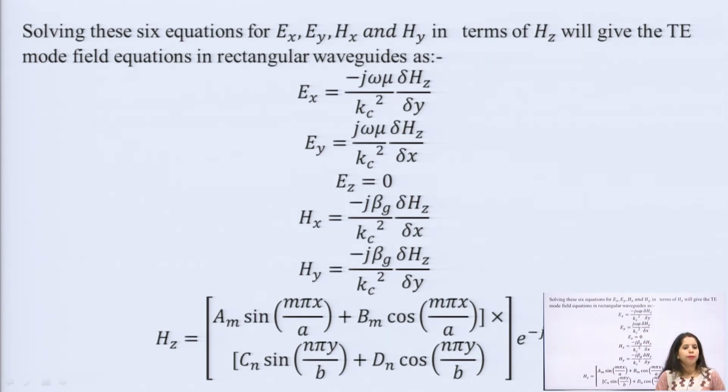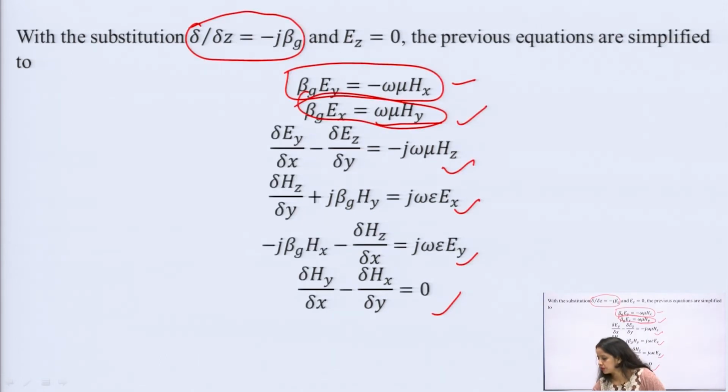With the help of the wave equation, we are able to get the expression of Hz, and since the wave is not propagating in any other direction, we cannot get the other expressions from the wave equation. So we have to write the expressions of Ex, Ey, Hx, Hy all in terms of Hz.